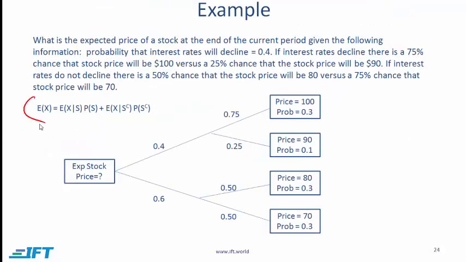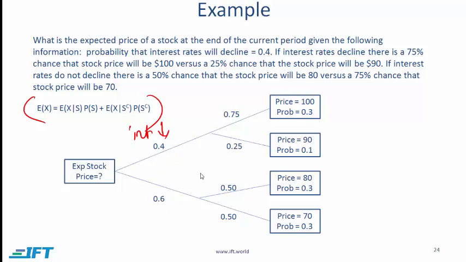To highlight what we have seen, let's look at an example. What is the expected price of a stock at the end of the current period given the following information? The probability that interest rates will decline is 0.4. So interest rates going down has a probability of 0.4, which means that interest rates not going down, the other scenario, has probability 0.6.